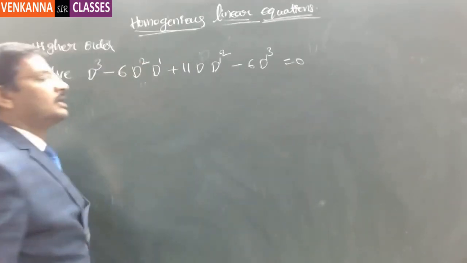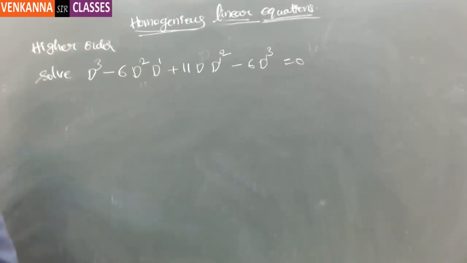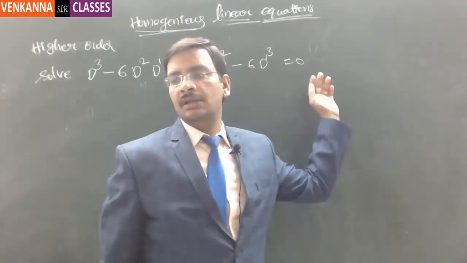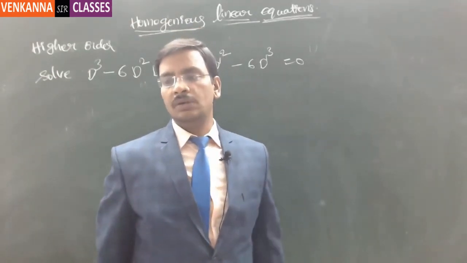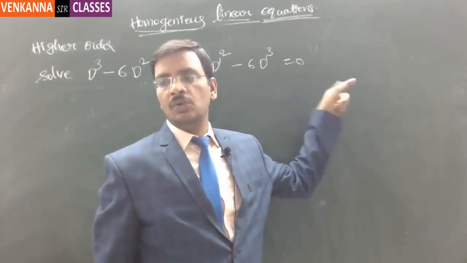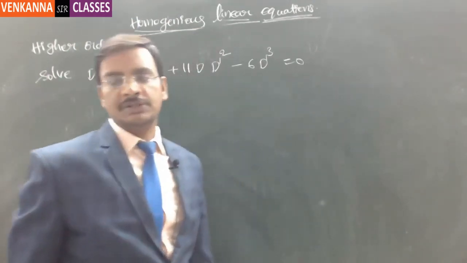Now on the right side he has given simply 0. So since it is 0 on the right side, there is no need to find the particular integral because this is a zero function. So we are left with only the complementary function.